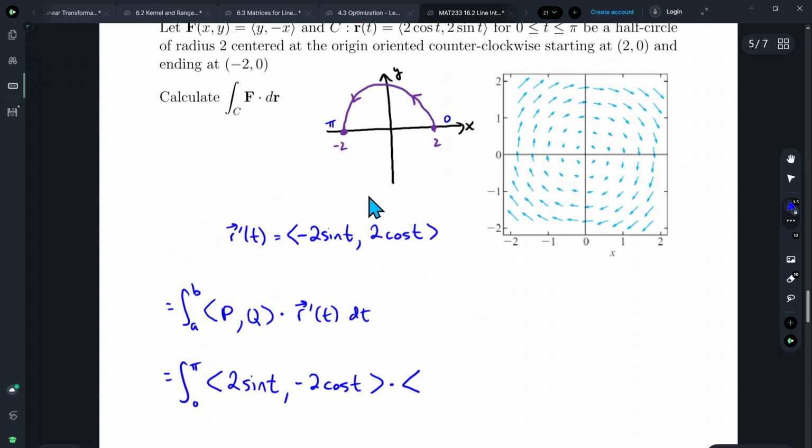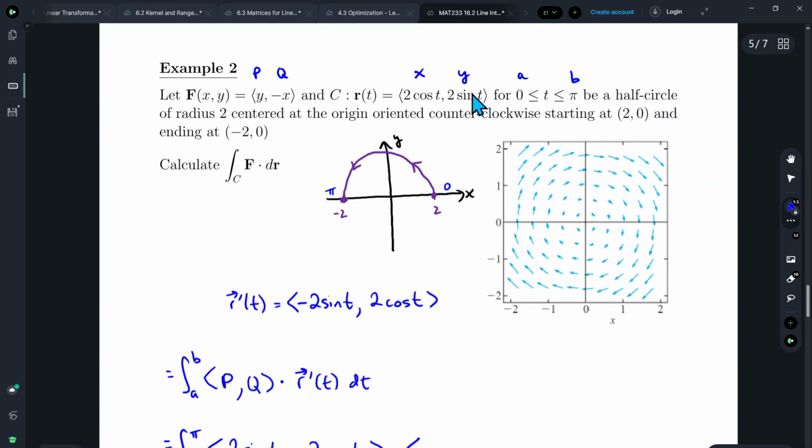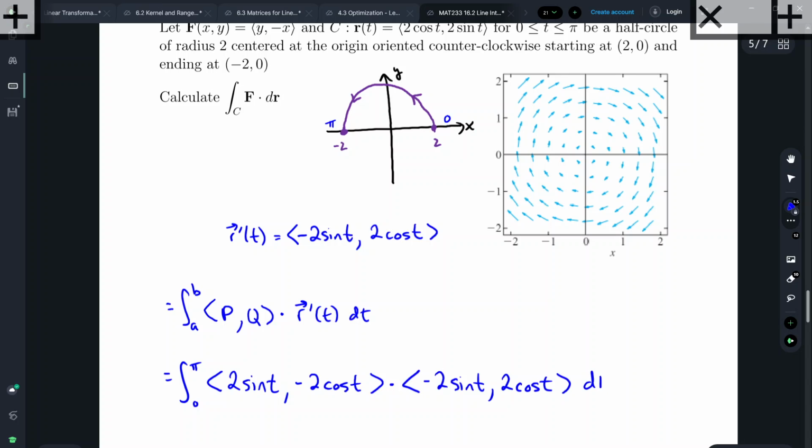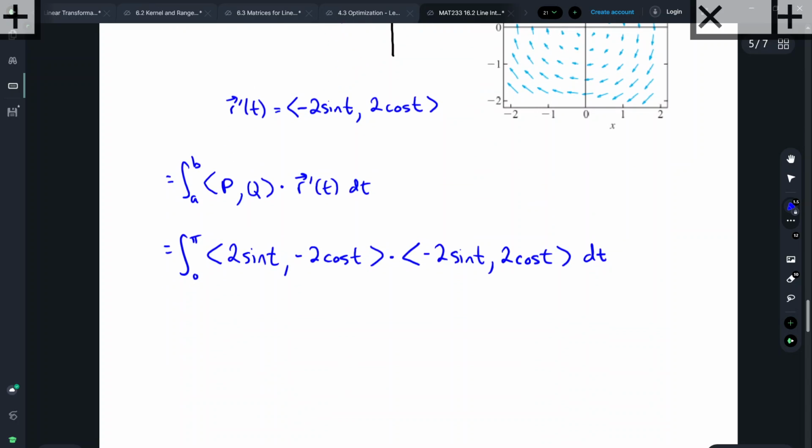Here you don't want to confuse r with r prime. So the x and y here go into p and q, and then the r prime is coming from here. So you have minus 2 sine t, 2 cosine t, dt.